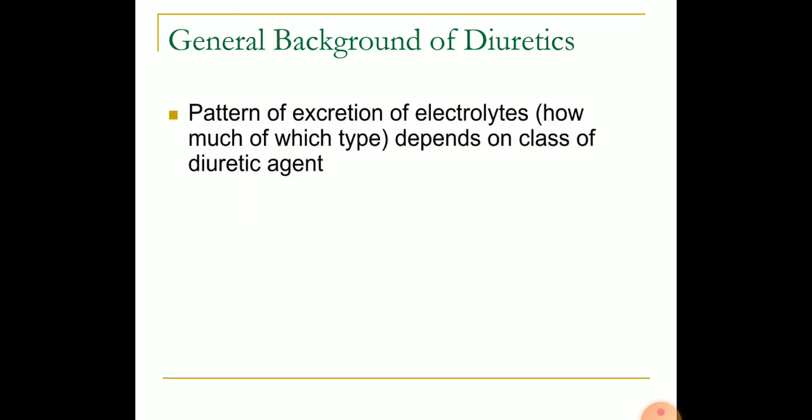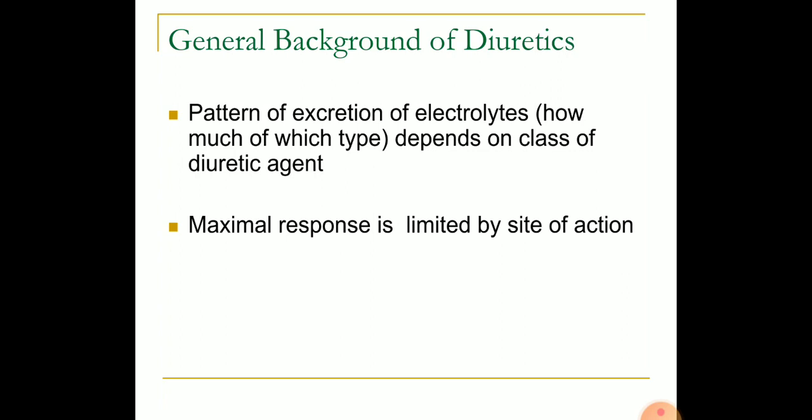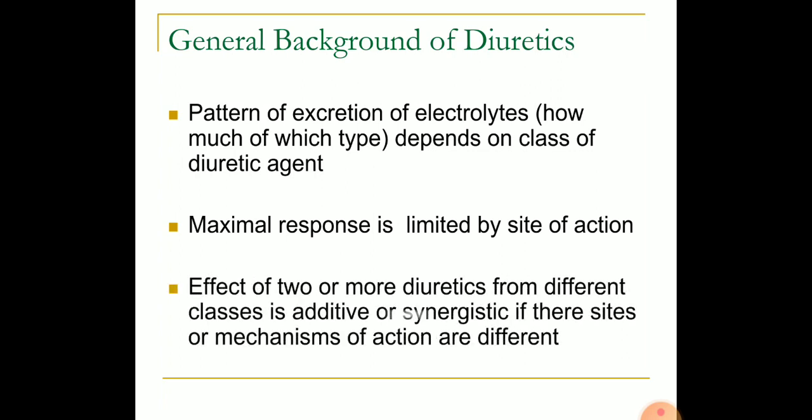We know the pattern of excretion of electrolytes, how much of which type, depends on the class of diuretic agent. Obviously, the high ceiling one will increase the rate and extent of excretion of urine more. Maximal response is limited by its site of action.